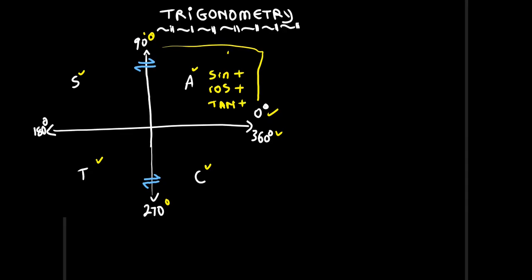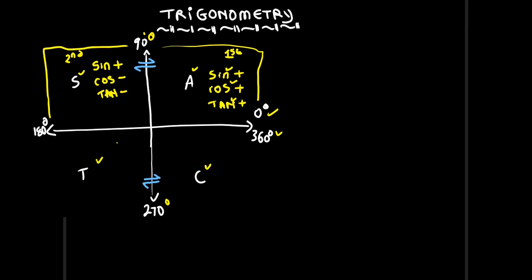So it means in this area, in the first quadrant, all of these ratios, sine, cos, and tan, are positive. And then this S here means that only sine is positive. The rest are what? Negative. Cos and tan are negative in the second quadrant.